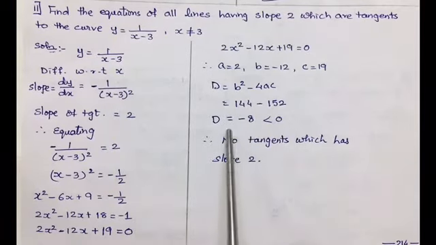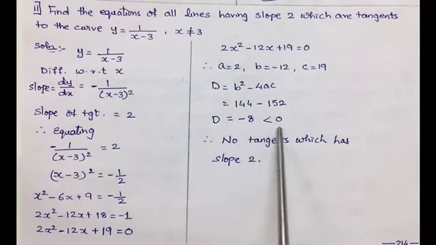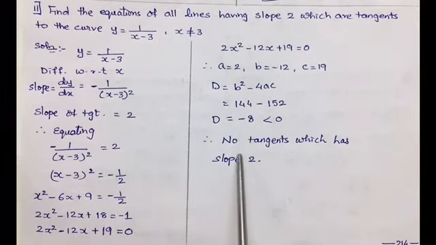Subtracting both, the value of D is equal to minus 8, which is negative, that is less than 0. As it does not belong to the real numbers, therefore there will not be any tangent whose slope is going to be 2.